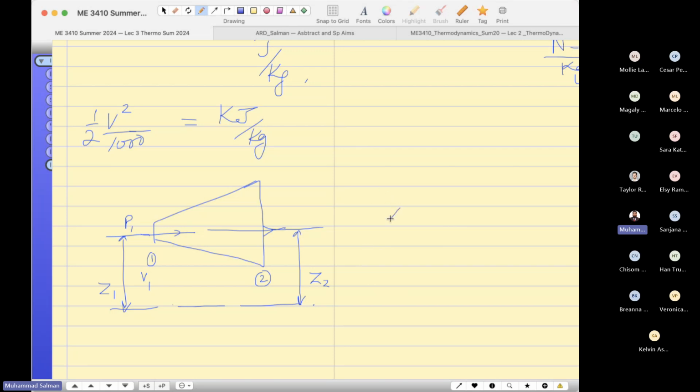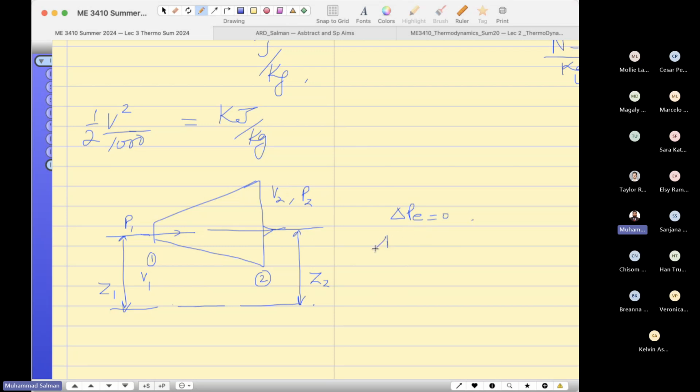So the difference of the potential energy would be zero. But for the velocity, it has a different velocity, usually smaller, because a diffuser reduces the velocity of a stream, and pressure increases. Pressure is higher.